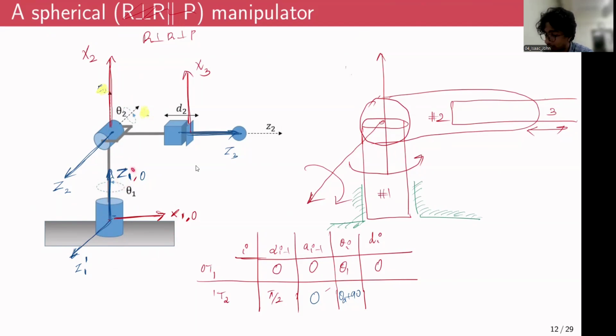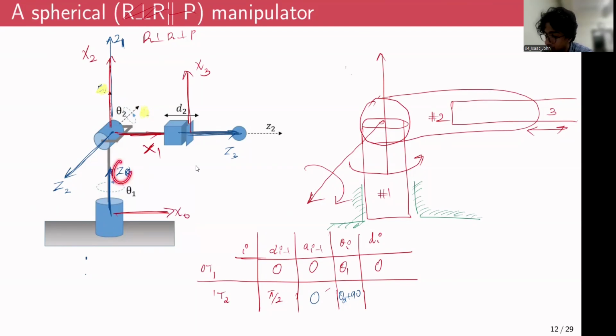So if we do that, our Z0 would still be looking something like this. But Z1 would be like this. This is your Z1. And X1 would be like this. And X0 would be like this.